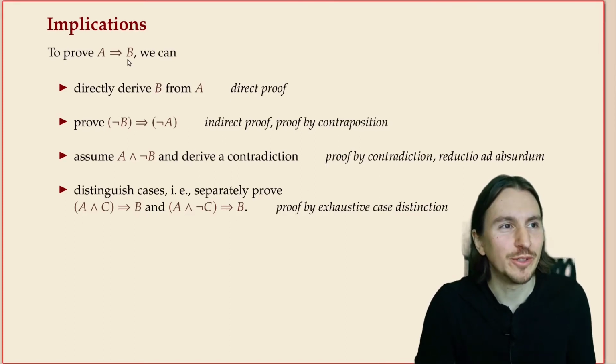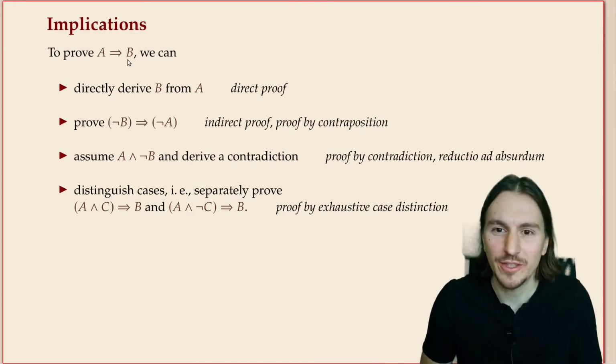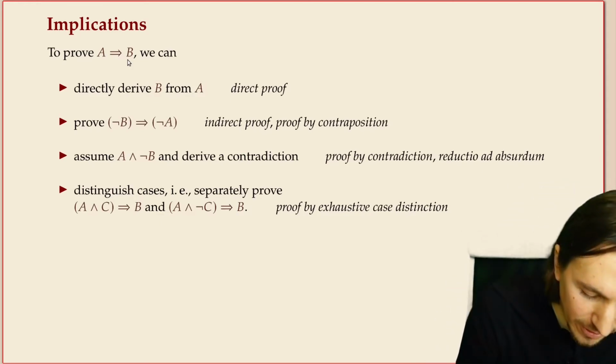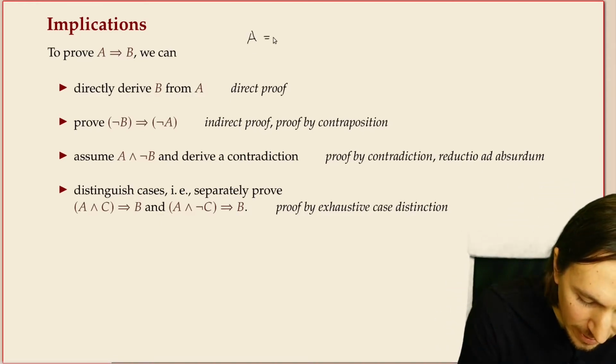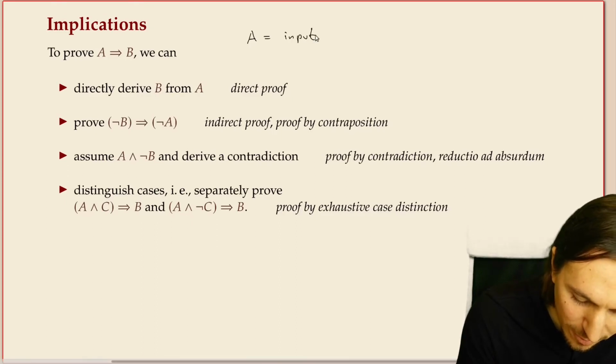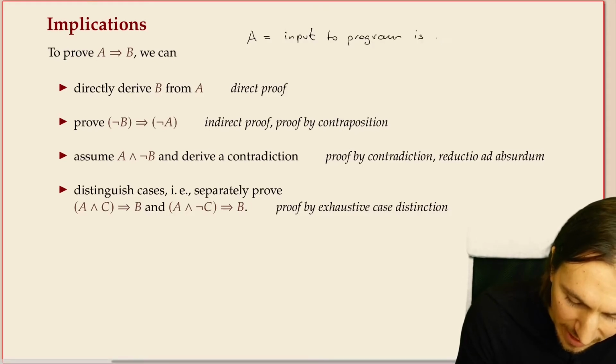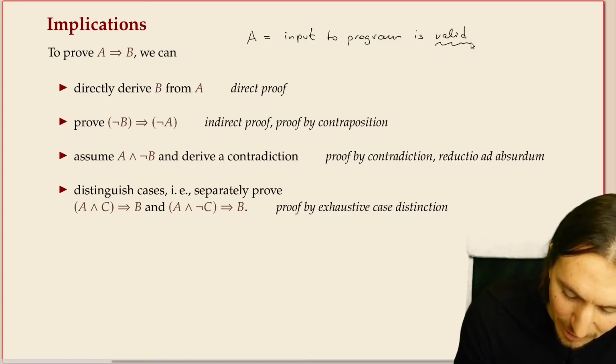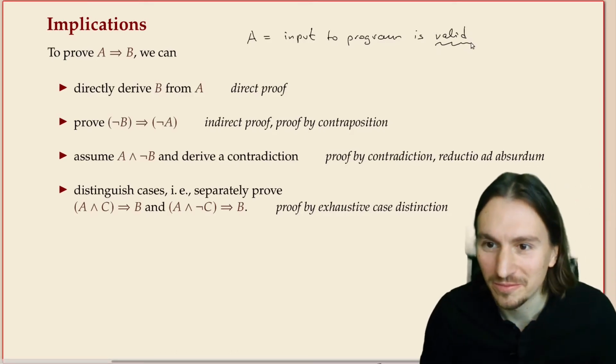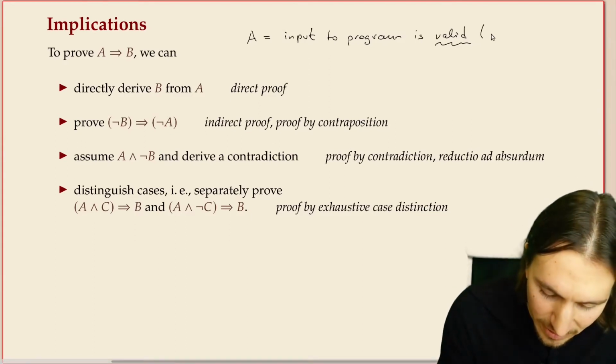What could be a more useful example? A useful example in our context could be: A is the input to your program is valid, and I mean, this is whatever that means for you. Say a list of numbers.